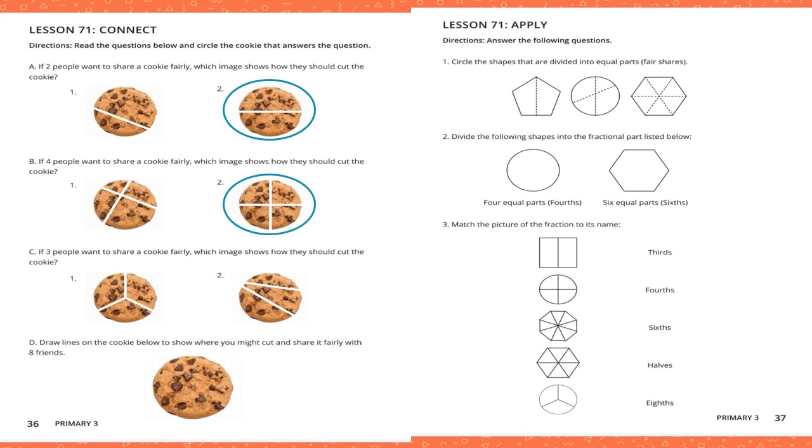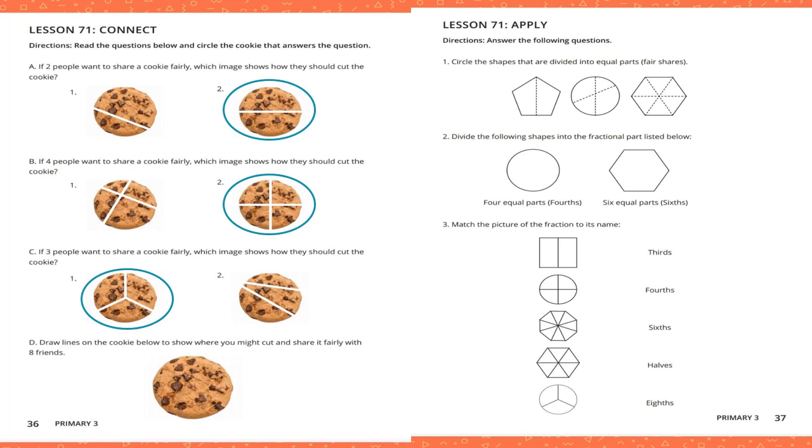Question C. If 3 people want to share a cookie fairly, which image shows how they should cut the cookie? I have 3 people, so this or this? Sure, number 1. Draw lines.